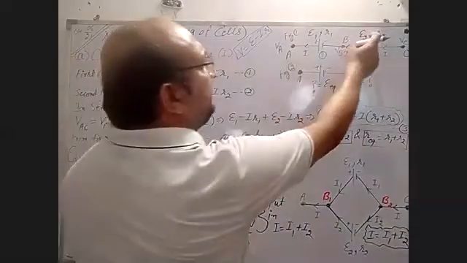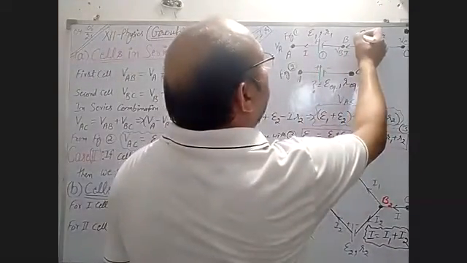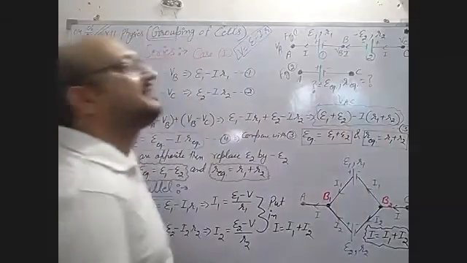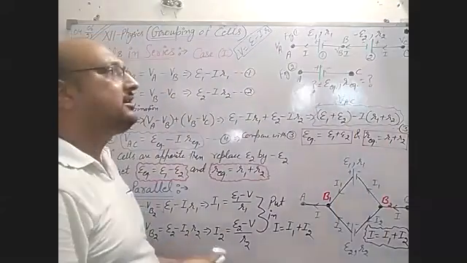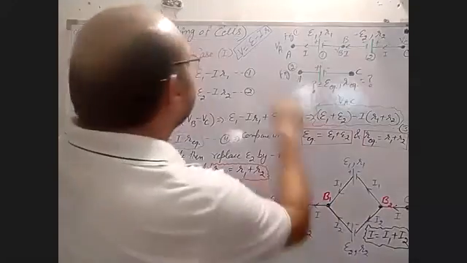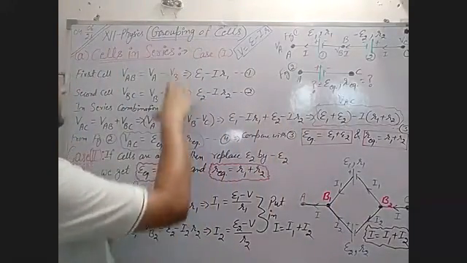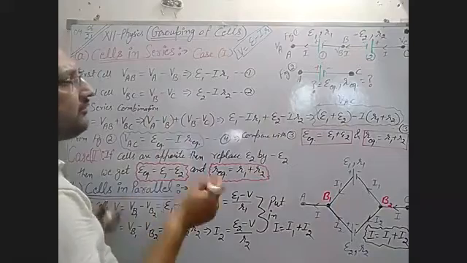Okay, E1, E2 are different. Now in this case you have to take E2 with a negative sign. If we are taking a negative sign of E2 in every equation, then what happens?